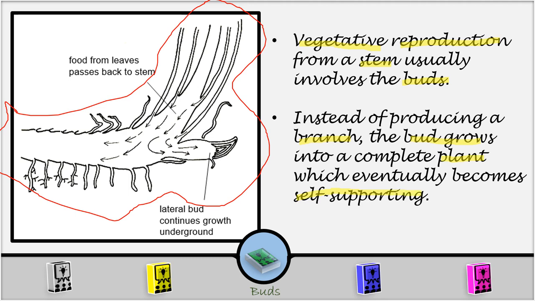So this plant that we are seeing here has developed a bud, and this bud is going to grow into a complete plant, which can cut itself off now from the parent plant, and then it develops into a new independent plant. That one is vegetative propagation, whereby a branch which was produced, which is the bud, grows into a complete plant.